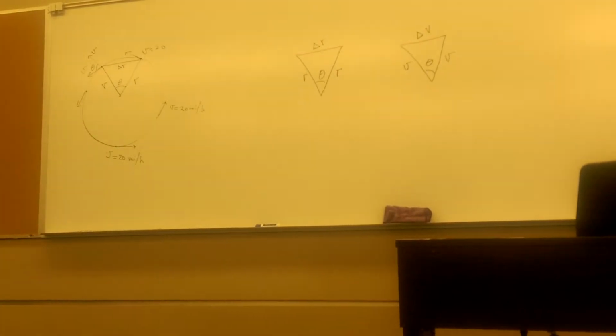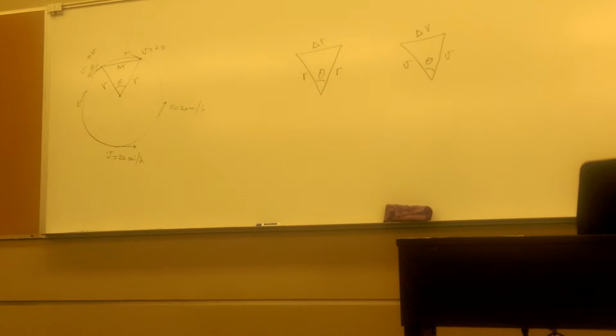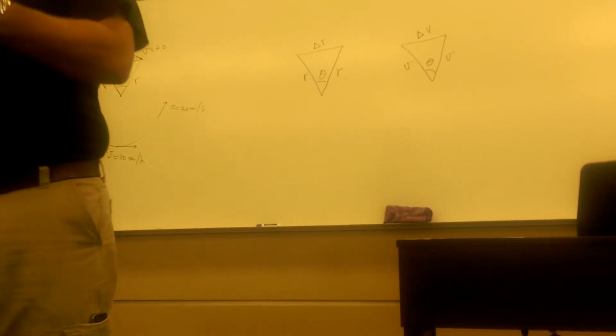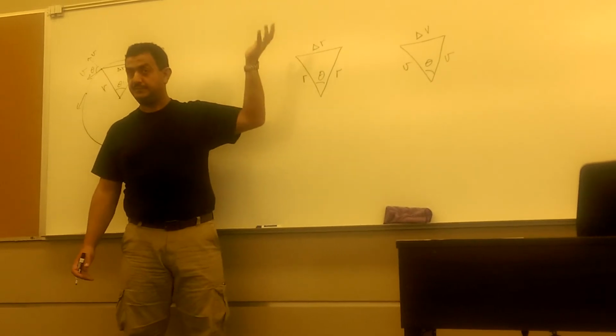you'll remember that if we have two similar triangles, how can we have two similar triangles? What are the conditions for similar triangles? Well, they have to have the same angles. That's one.